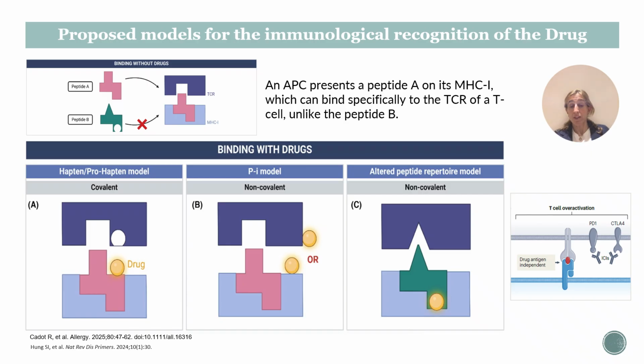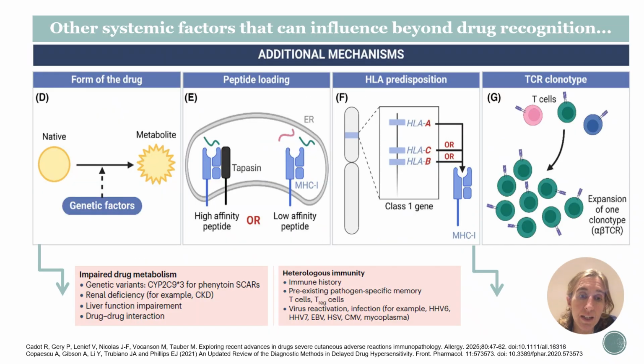Also, it's very interesting, with the use of checkpoint inhibitors, we are facing that there might be a drug antigen independent activation with T cell overactivation with these interactions. So there are additional mechanisms, including the form of the drug being metabolized or not, and this would be influenced by genetic factors.